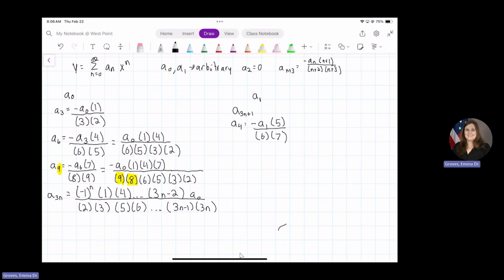No, it is not. I'm looking at the wrong line. Okay, a4 is negative a1 times 2 over 3 times 4. That makes more sense.